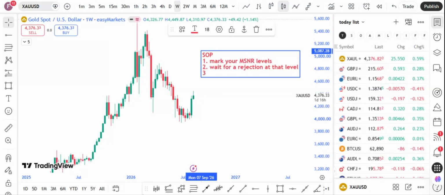And then number three, you go one time frame lower to look for an engulfing candle.